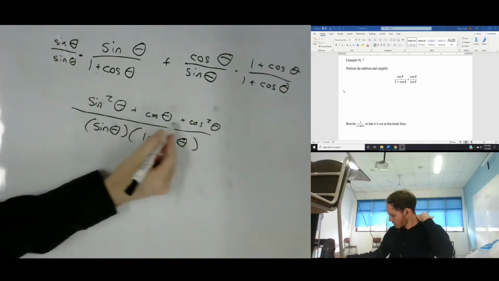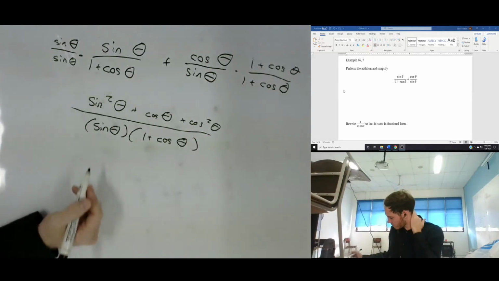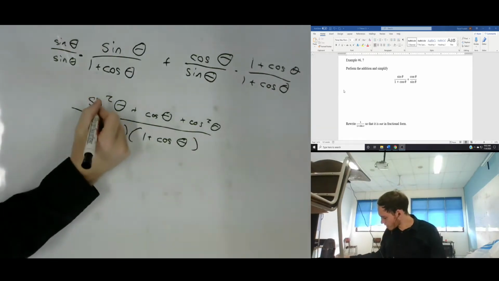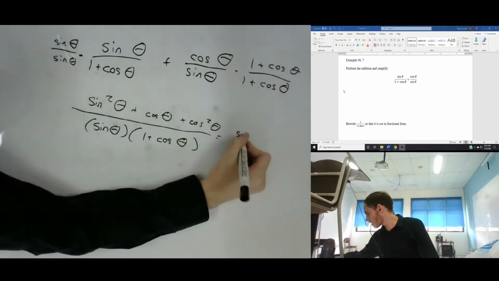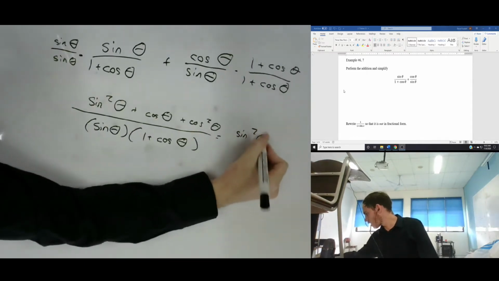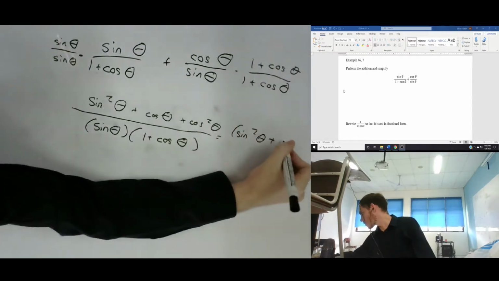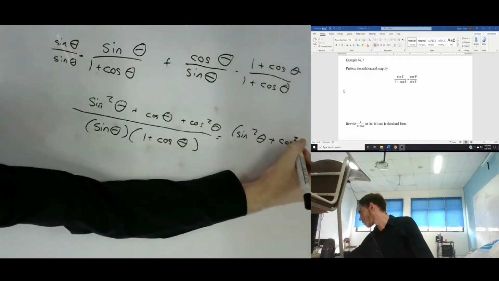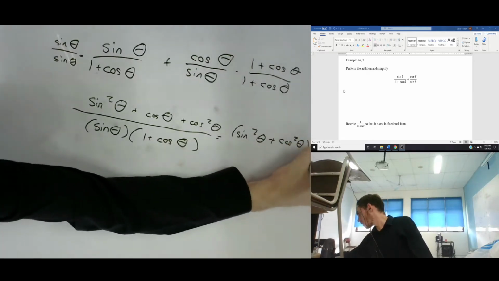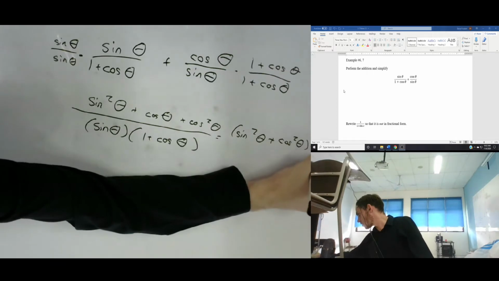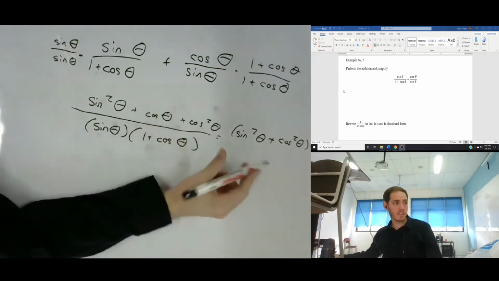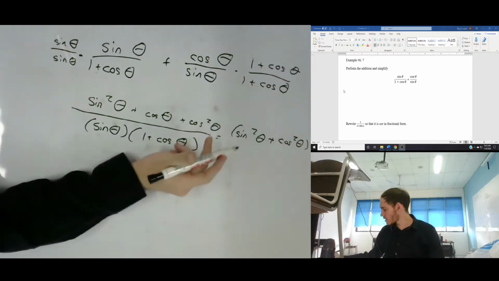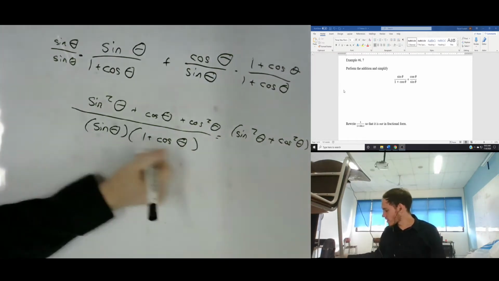Okay, so then we can combine these. So if we combine them, we get sine squared theta plus cosine squared theta plus cosine theta, and that's all over this denominator, okay?